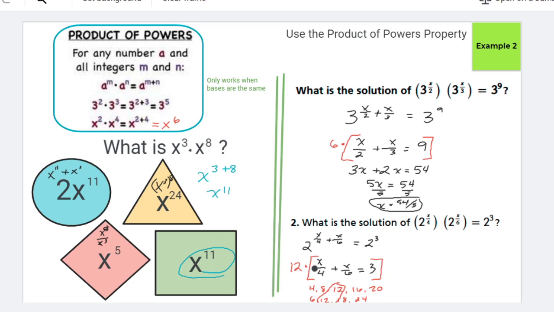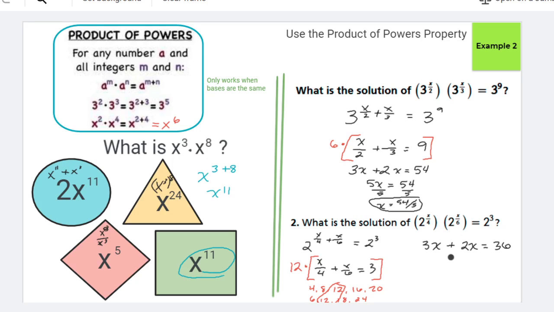So here we go. So 12 divided by 4 is 3. So this is 3x. And here, 12 divided by 6 is 2. So I get 2x. And 12 times 3 is 36. So then I collect my like terms.